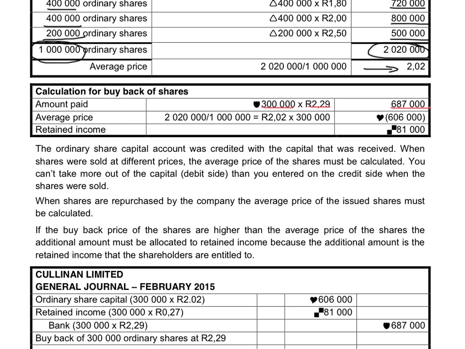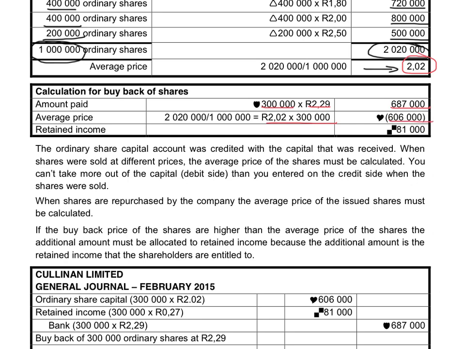In the capital account, you cannot reduce it by more than R2.02, because when you sold the shares, you credited the capital account with the money received, and that gave us an average on the credit side of R2.02. So the average price, R2.02, will be multiplied by the 300,000 shares, and that will give us 606,000.